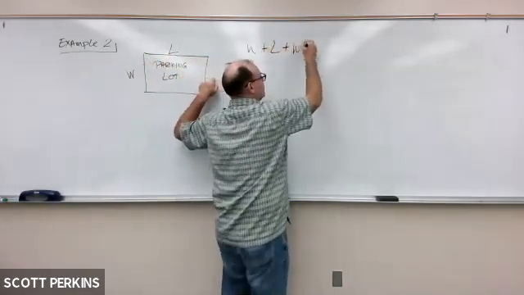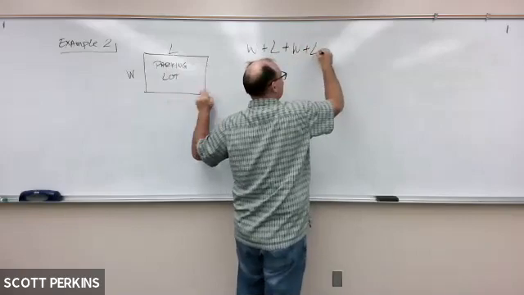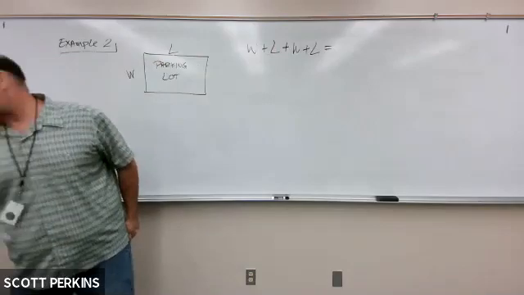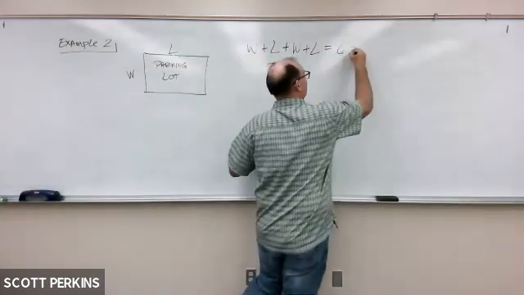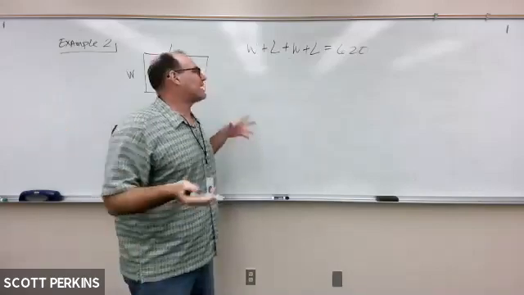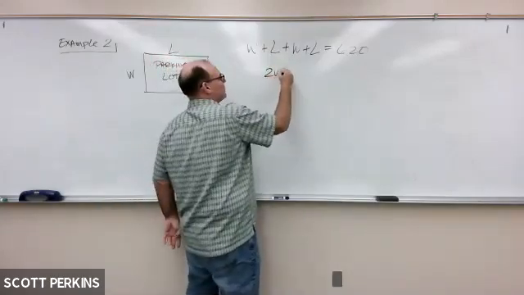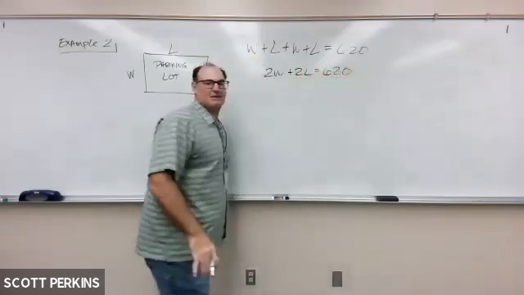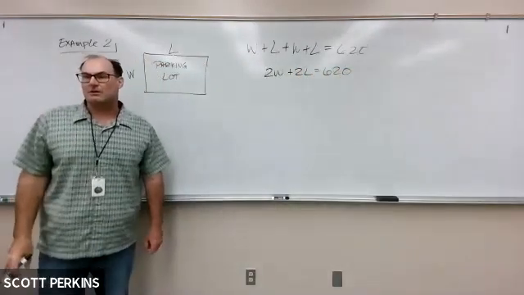The right side is the width. The bottom side is the length. And that in this problem is 620. If you just remember the formula for perimeter of a rectangle, then you don't even have that step. You just went right to 2W plus 2L is equal to 620. Fantastic. There it is. There's my first equation.